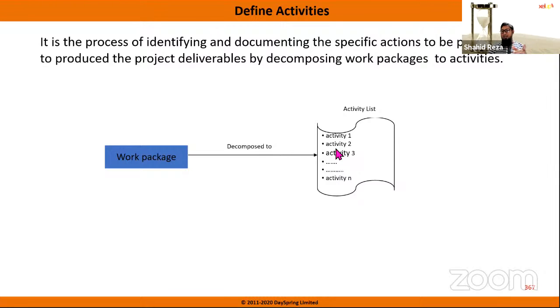Likewise, we did on the whiteboard, the survey. We broke down the survey into 4 activities. The same concept is shown here, and the scope of this process is taking each work package and decomposing those work packages into activities. And those activities you will keep in an activity list document.